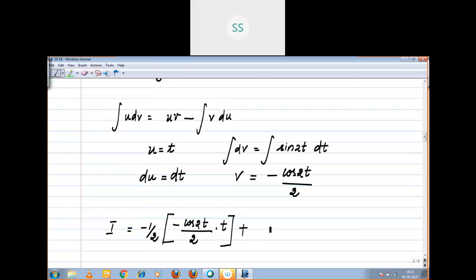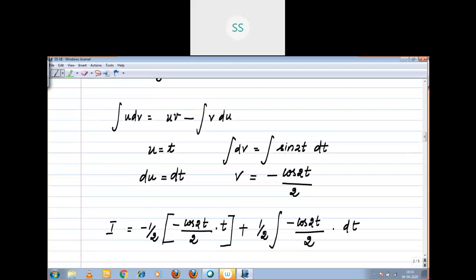The 1 by 2 I am going to multiply. Minus into minus plus. Then 1 by 2 into integral v du. Here what is your v? v is minus cos 2t divided by 2, into dt.